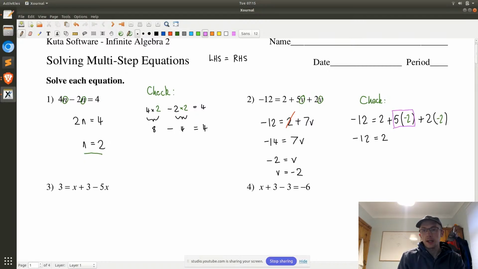And when you add on negative 10, that's the same as taking away 10. Also, over here, 2 times negative 2, well, that's negative 4. And if you add on negative 4, that's the same as taking away 4.